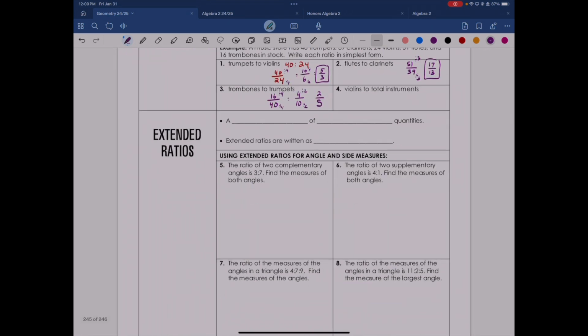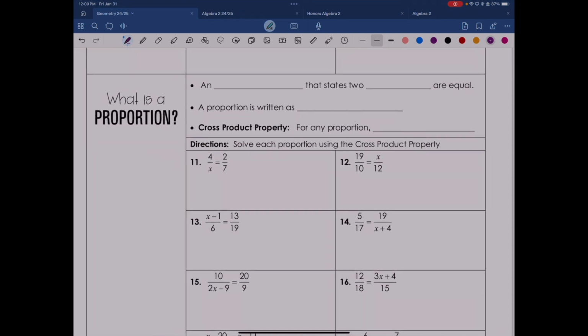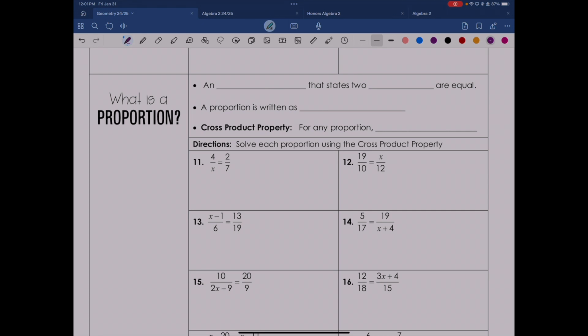All right, now that we can write ratios, the next thing we want to be able to do is talk about, okay, what's a proportion? Our first goal today was to be able to write the ratios. Our second goal today is to be able to solve what we call proportions. So what is exactly a proportion?